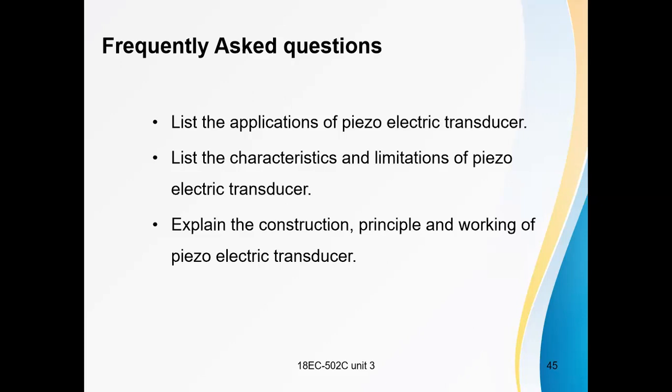Whenever there is a difference between the sensing junction and the reference junction, that temperature difference is indicated on the indicator, and this produces a voltage. This is about the thermocouple.